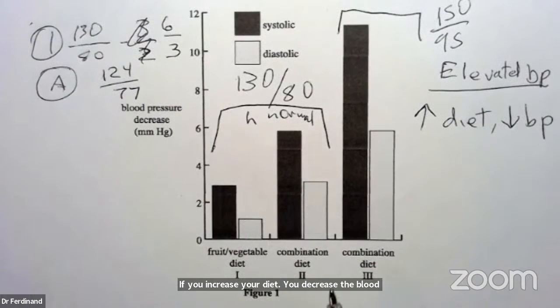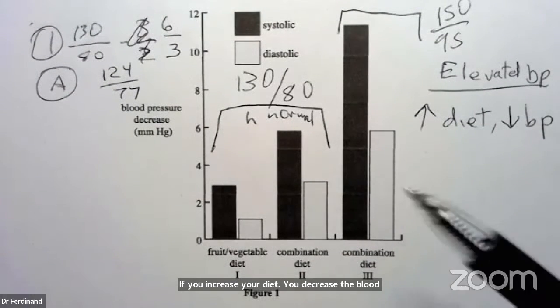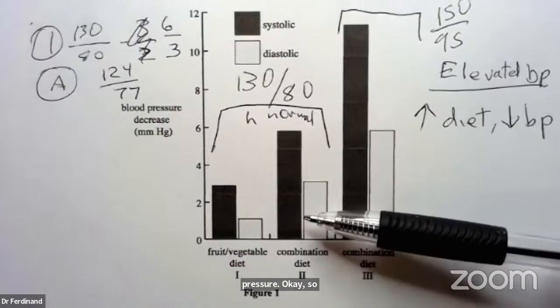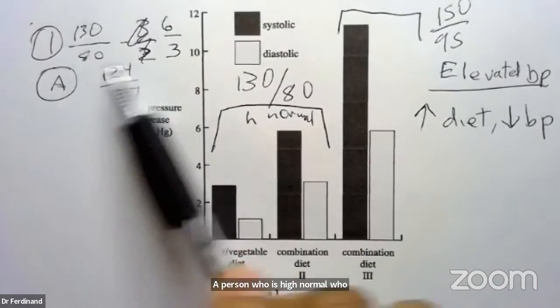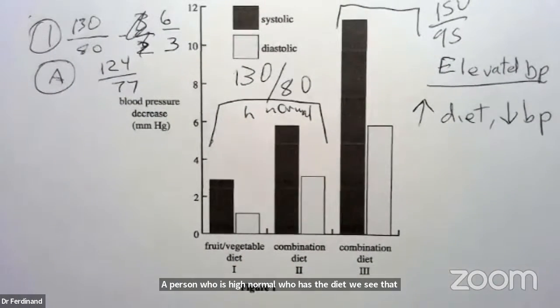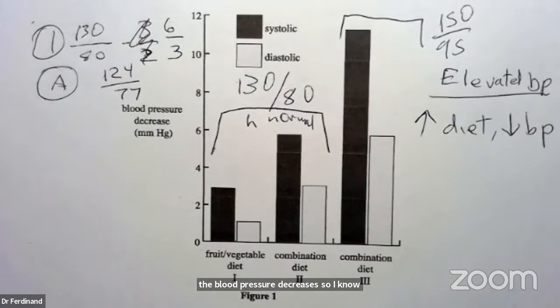So a person who is high normal, who has a diet, we see that the blood pressure decreases. I know for many of you, question 1 was very easy. But keep in mind that during the exam, sometimes ACER will give you an easy question so that you see the trend, and then the next question may be more difficult.